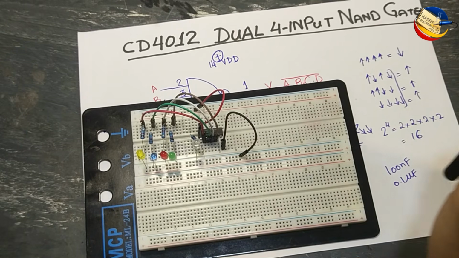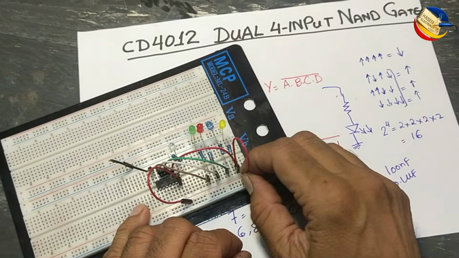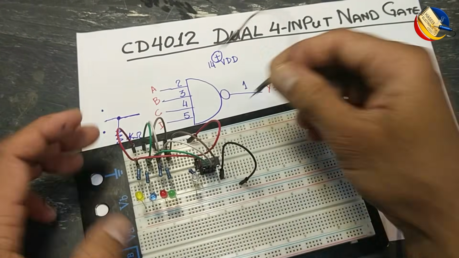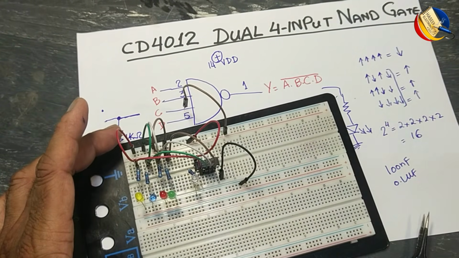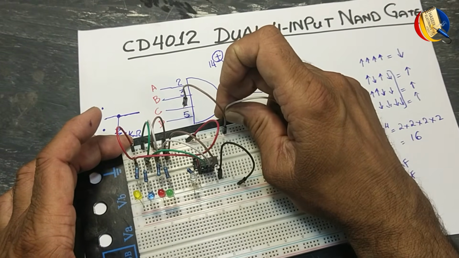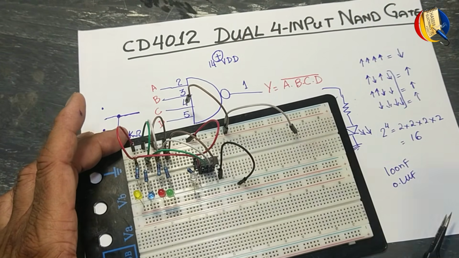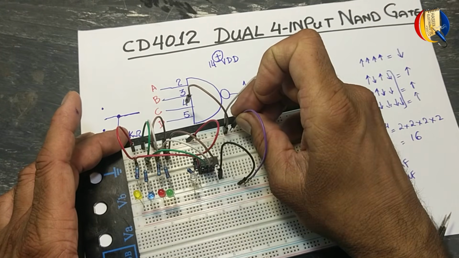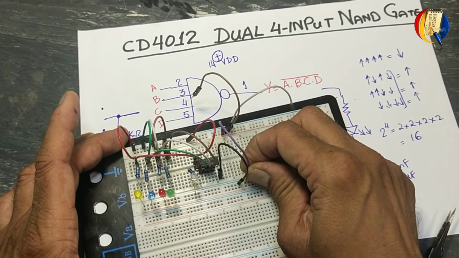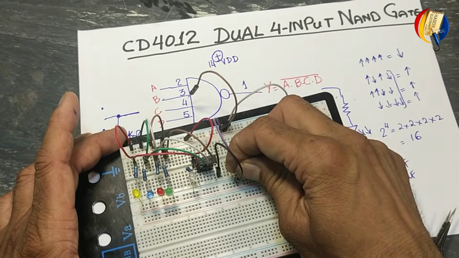Pin number 1 is output. Positive supply here. Return here. And we will make jumper from return to the low side return. So rails are connected to each other.